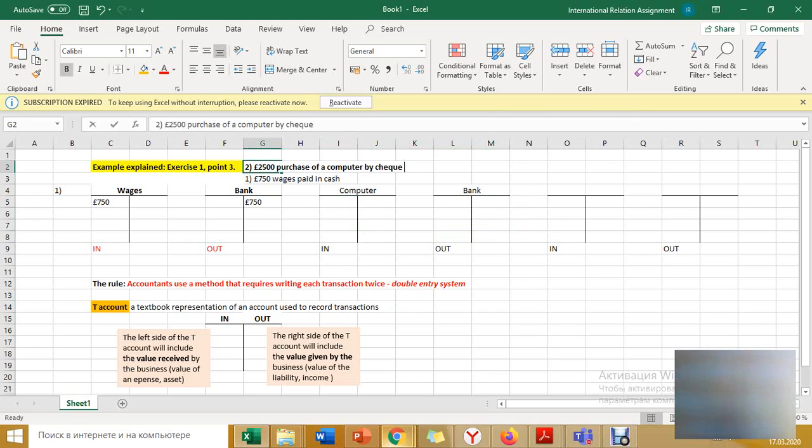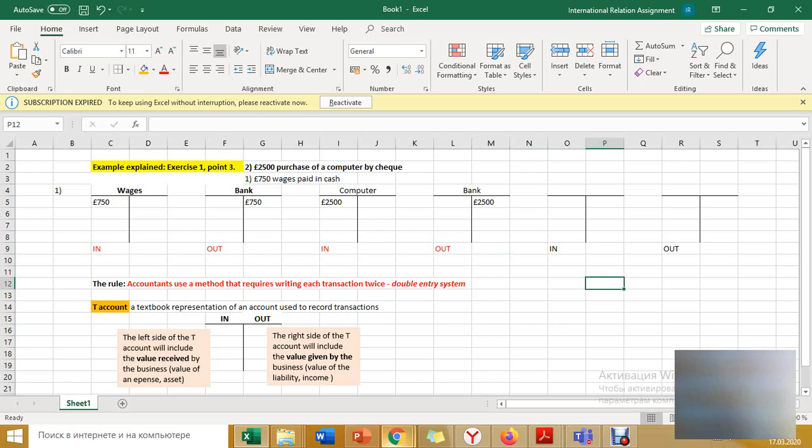So for your computer, you pay £2,500, and the bank was charged with £2,500. Okay, in, out.